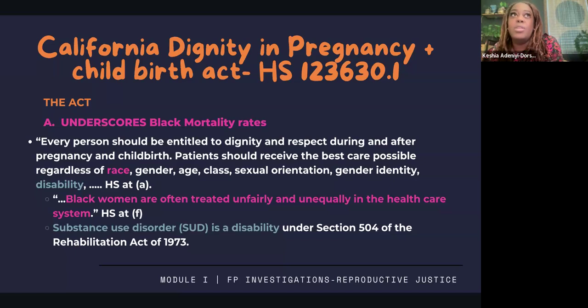So the after part is the family policing system and the ways in which the family policing system surveils families. And also, in the context, again, of substance use disorder, substance use disorder is considered to be a disability and is protected under the California Dignity in Pregnancy and Childbirth Act.